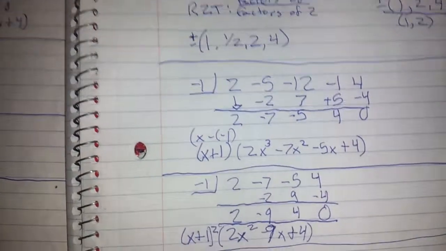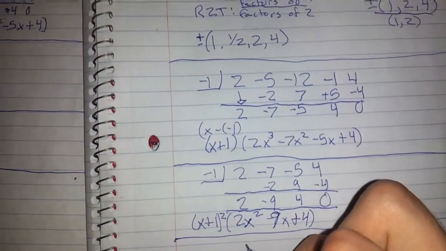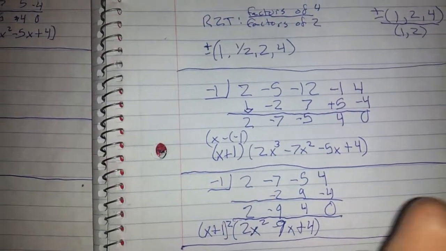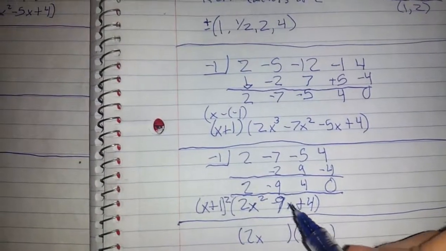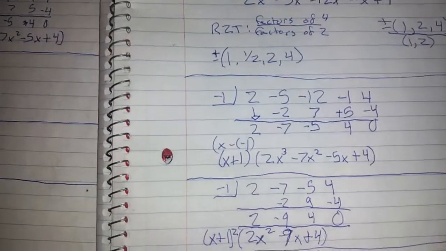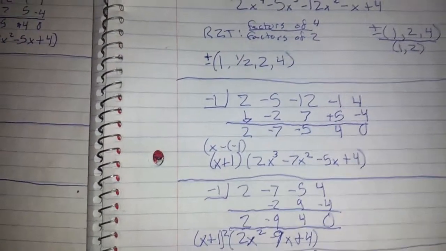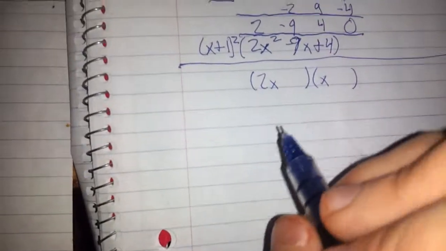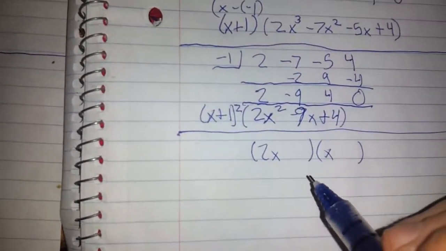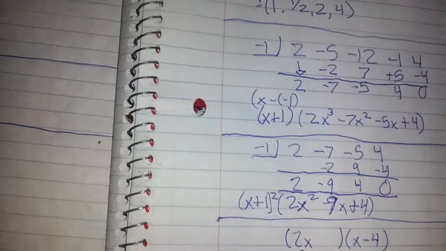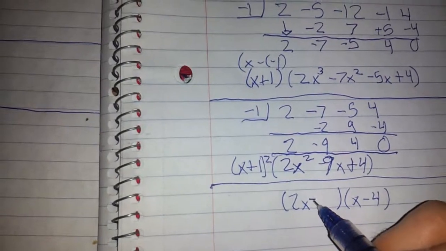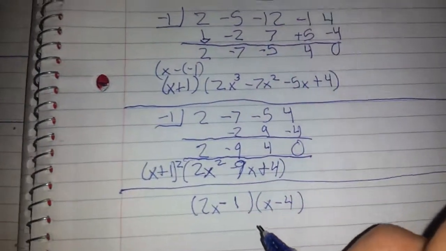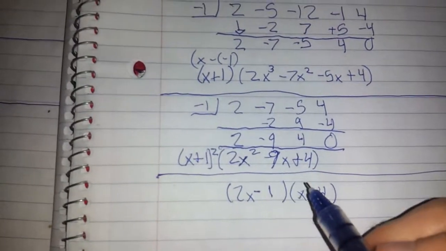And now we can factor this out, and this factors nicely to a 2x here and x here. And we need to get -9 by adding the values, and positive 4 by multiplying the values. And we're going to get that with a -1 and a -4, because a -4 multiplies over here to a -8x, and then a -1 here gives us a nice -9x, and we get our positive 4 as well.